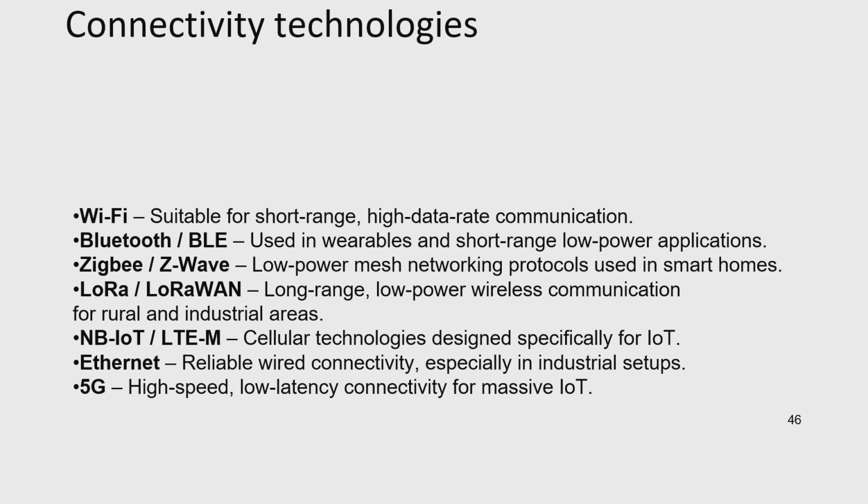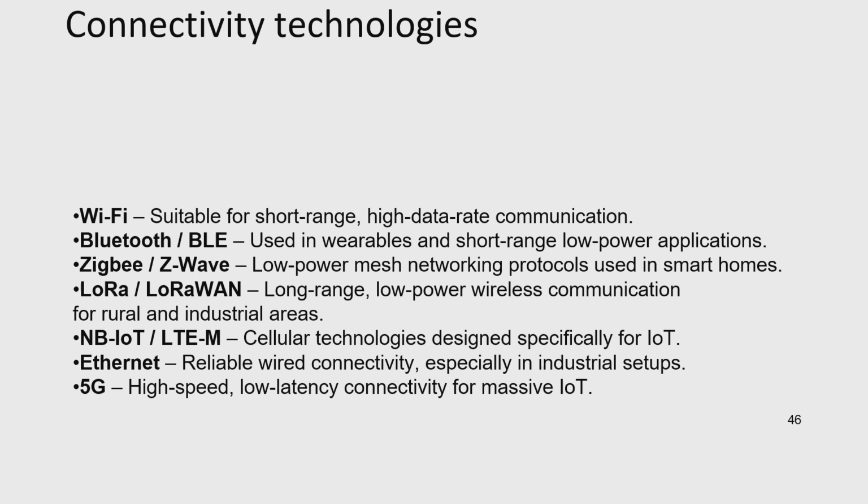Bluetooth is used in wearables and short range low power applications. Then Zigbee is there, low power mesh networking protocols used in smart homes. LoRa is long range low power wireless communication for rural and industrial areas. So, we have LoRa. NB-IoT is there, a cellular technology designed specifically for IoT.